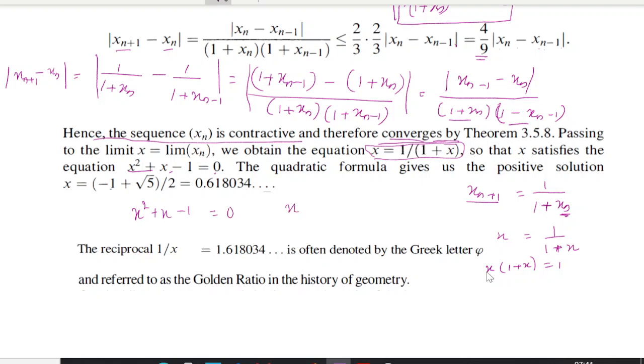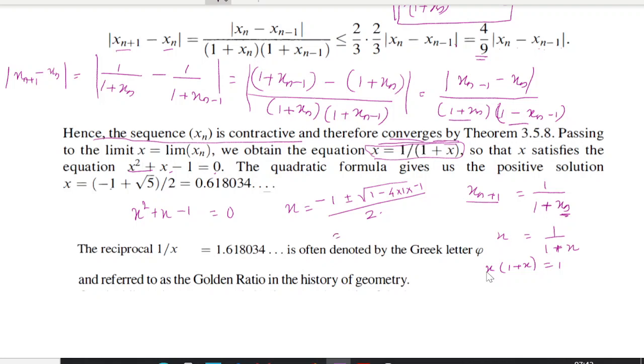So the root is x equal to minus b plus or minus square root of b square minus 4 into a into c, all divided by 2 into a, right? Here a is 1, c is minus 1.